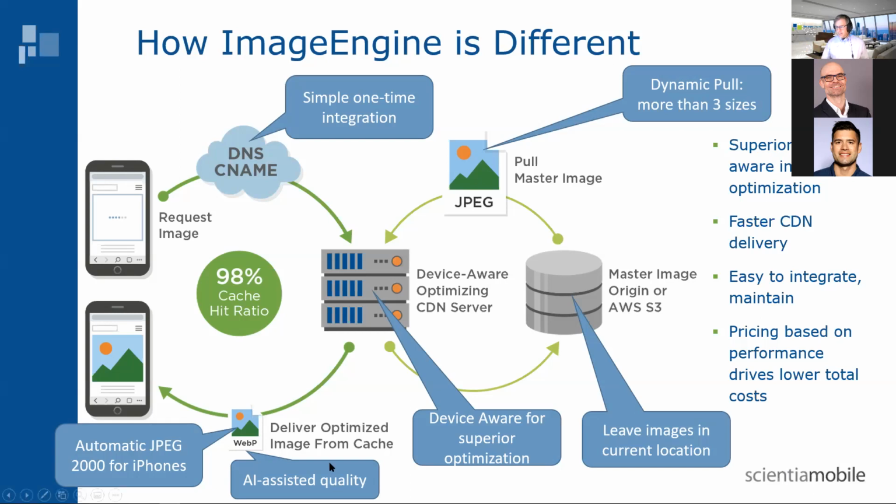And then the last thing is that we use artificial intelligence to closely monitor the compression rate that we apply to every image, such that we keep the quality just above what is perceptible to the human eye given each individual device.